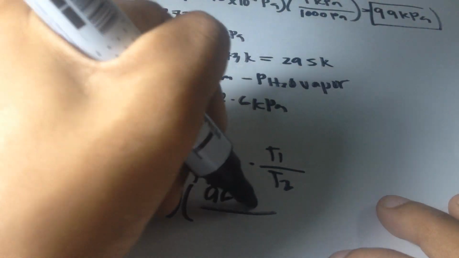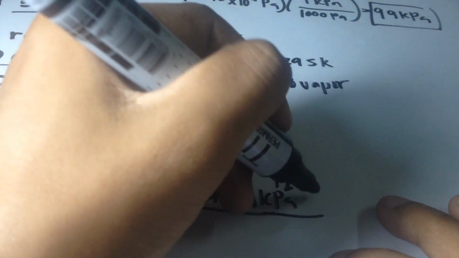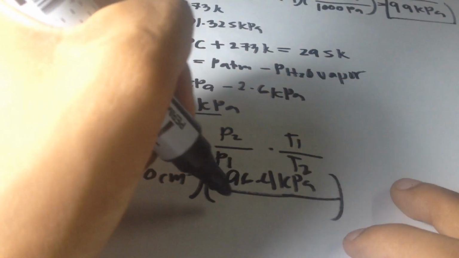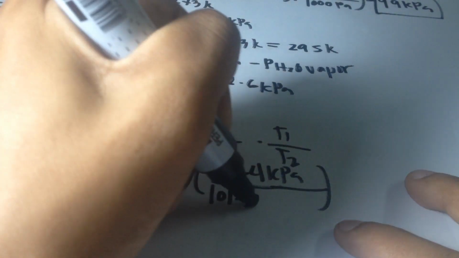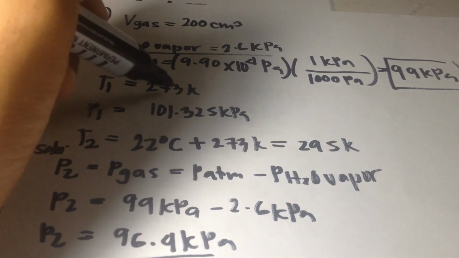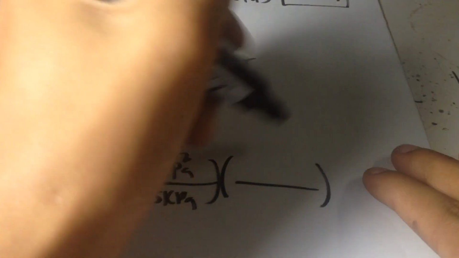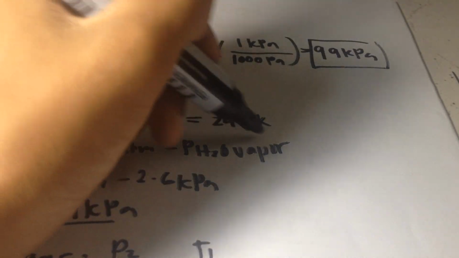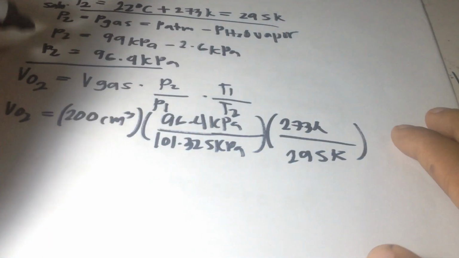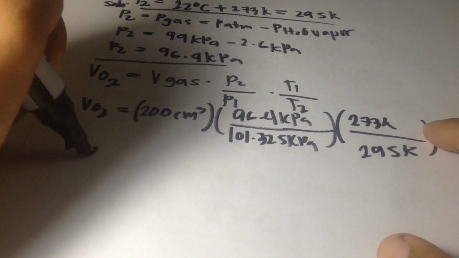Pressure 1, the standard pressure, is 101.325 kilopascal. Temperature 1 is 273 Kelvin, and temperature 2 is 295 Kelvin.